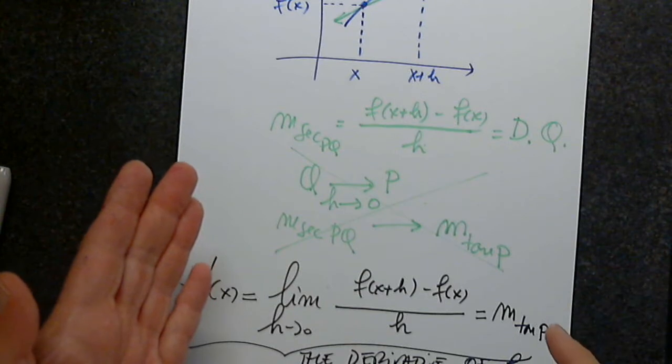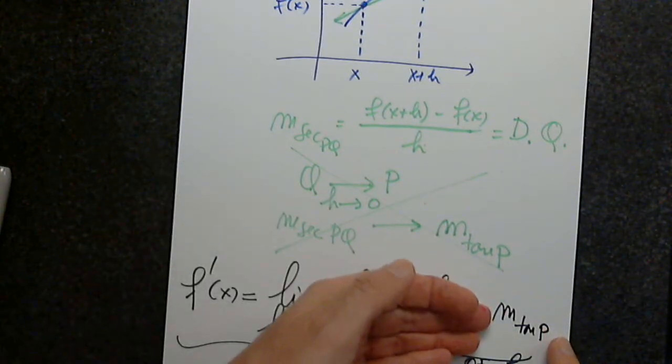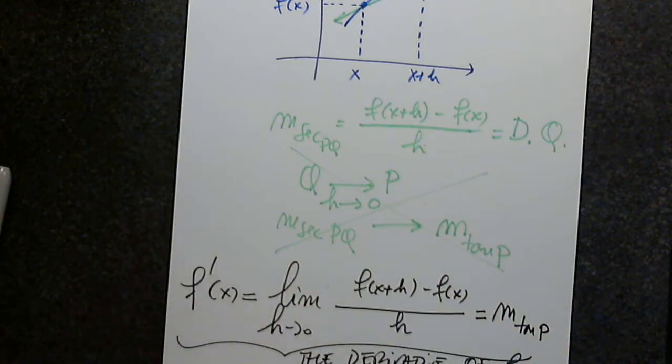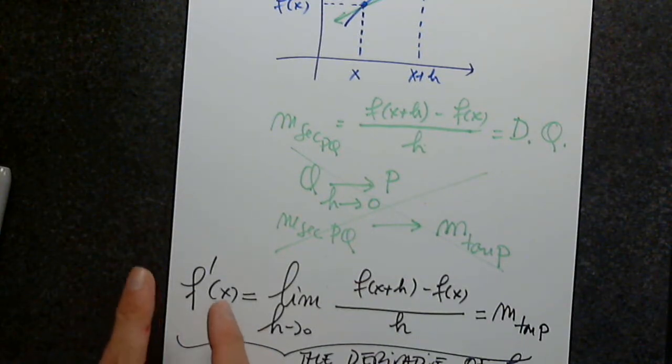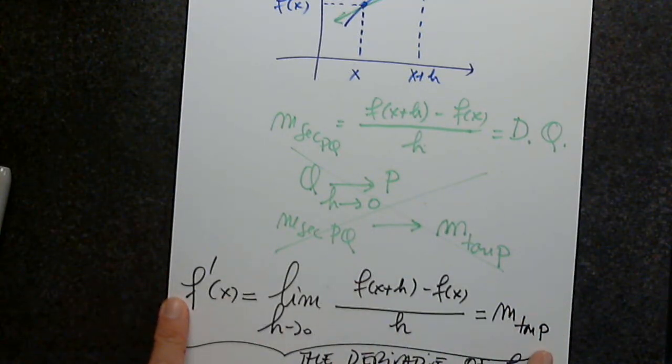So what else can it be? The instantaneous velocity, if the function is the distance, and the derivative is the same thing. It gives us the slope of the tangent line at P at any point under certain conditions. And it's also the instantaneous velocity if the function is a distance function.